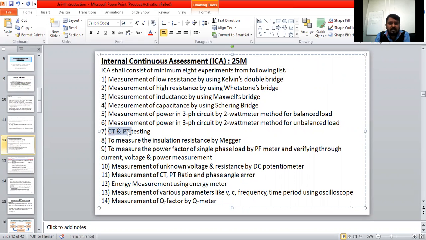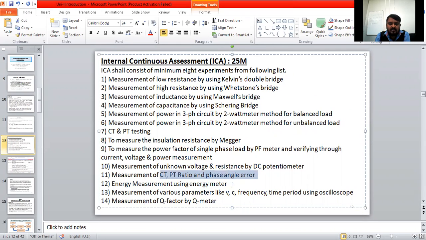Transducer and instrument transformer. The 2 wattmeter method will come in the second unit. Again in the second unit the Megger will come, and the power factor meter for verifying through current and voltage. Potentiometer will come in the third unit. The measurement of CT-PT ratio comes under the fourth unit.